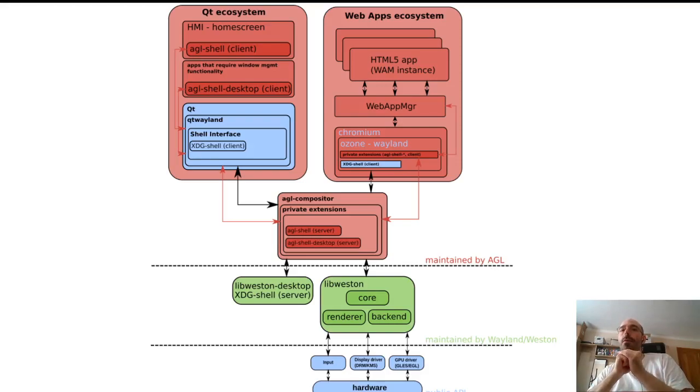The arrows, the black ones, signify the Wayland protocol, while the red ones exemplify the private extension interactions between different components. The bits in red or orange are those maintained by AGL, those in green by the Wayland Weston community, and those in blue are public APIs.